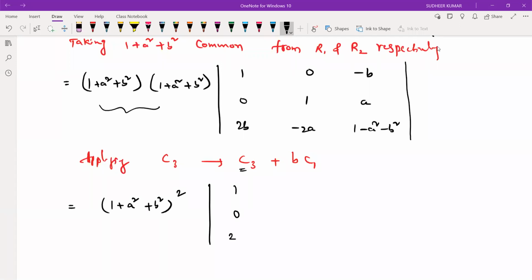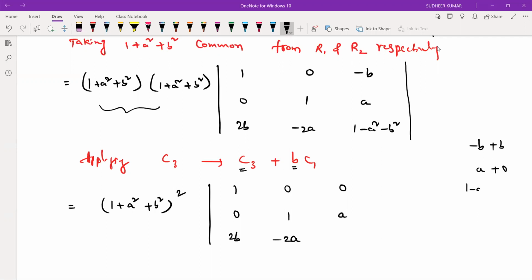1, 0, 2b, 0, 1, minus 2a. And C3 is, here it is minus b, multiply C1 by b. So 1 times b is b, so we can make this 0. That's our intention, right? The next one is a; 0 into b is 0, so a remains the same.